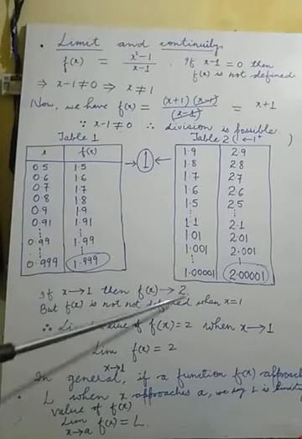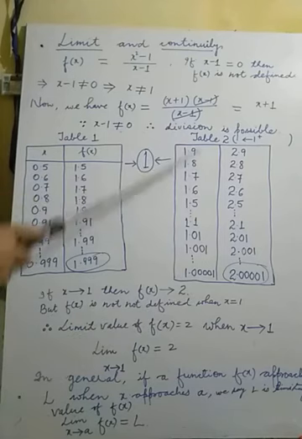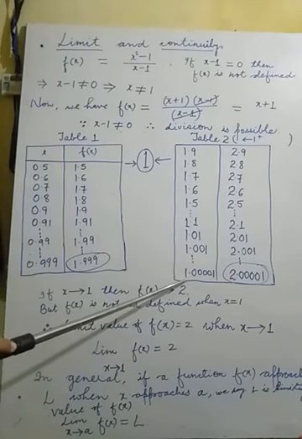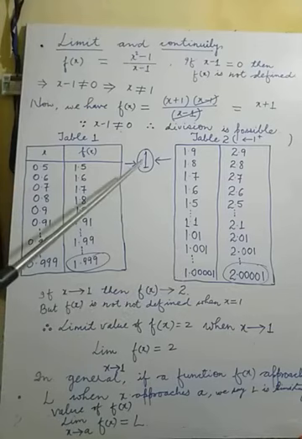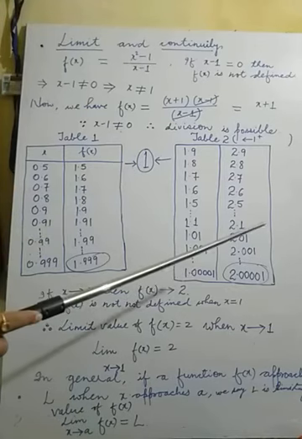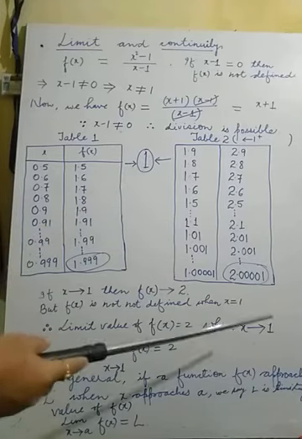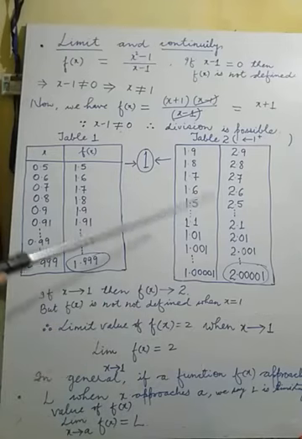All these values start from 1.9, and it is approaching which value? 1. And all these values are on the right side of 1 or the left hand side of 1? You may observe it is the right side, because greater values are always on the right hand side and smaller values are on the left hand side of 1.